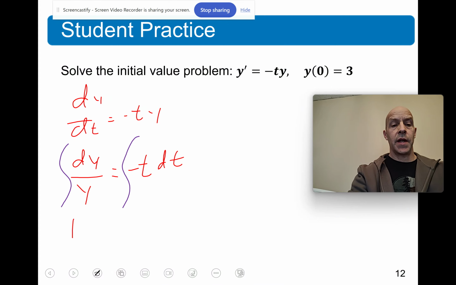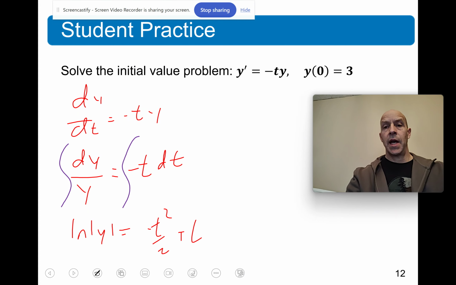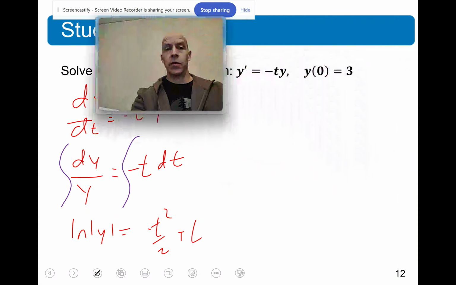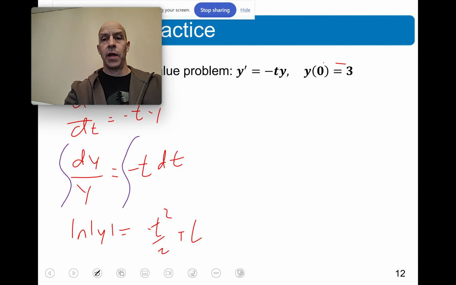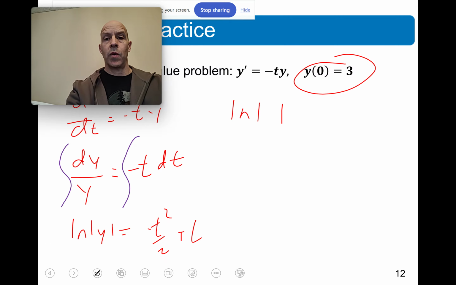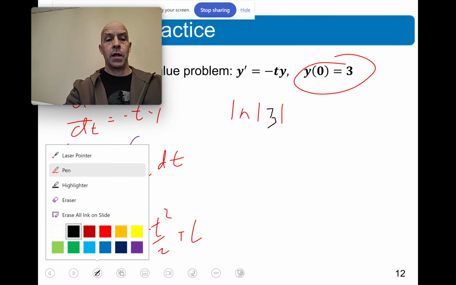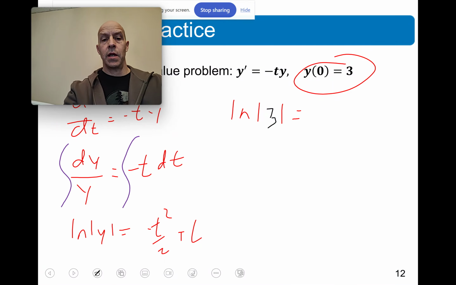Again, we're going to get the natural log of y, and then negative t squared over 2 plus C. And that is actually a solution for this, but I'm going to go ahead and plug in our initial value now. So that's going to be the ln of y, which in this case y is 3, and then the rest of this is going to be negative something squared over 2 plus C, and that something here is 0.